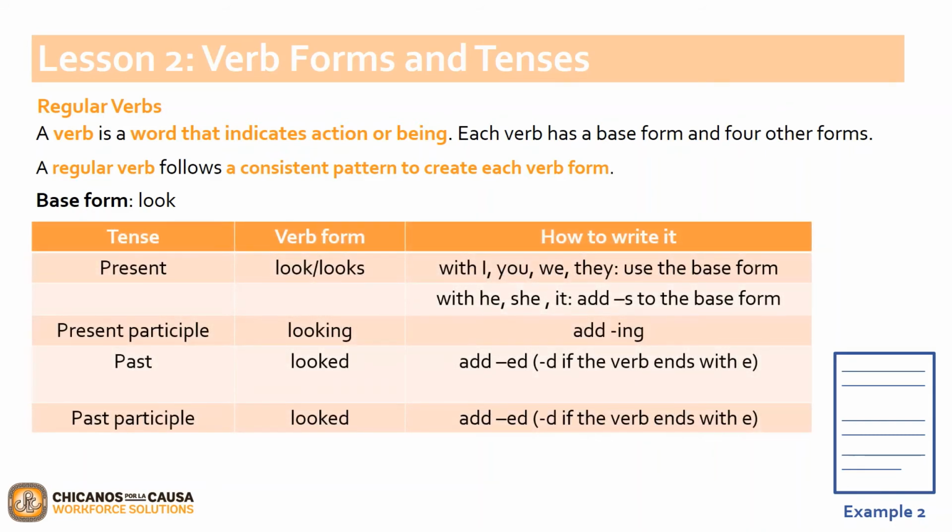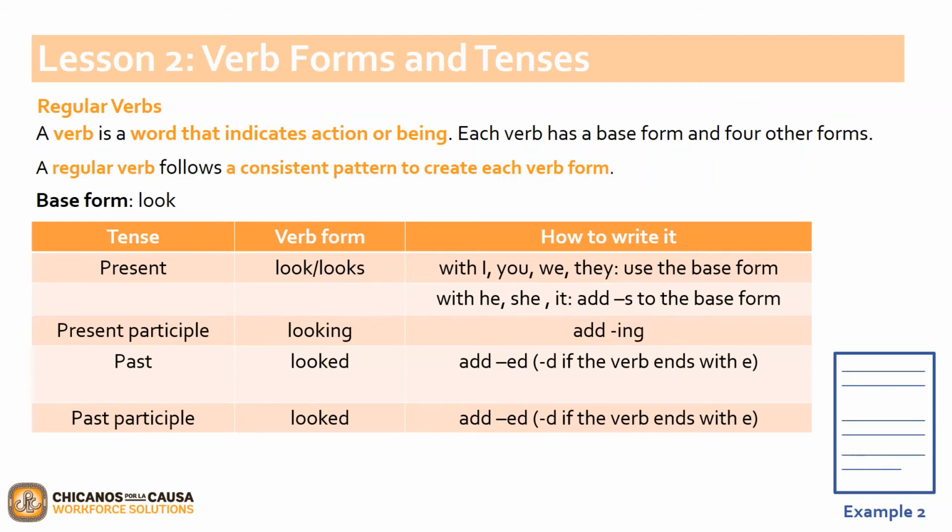As you can see here in the table, for the present tense, the verb form for look would be look/looks. And how you would write it would be with I, you, we, and they, using the base form. With the words he, she, it, you would add S to the base form.